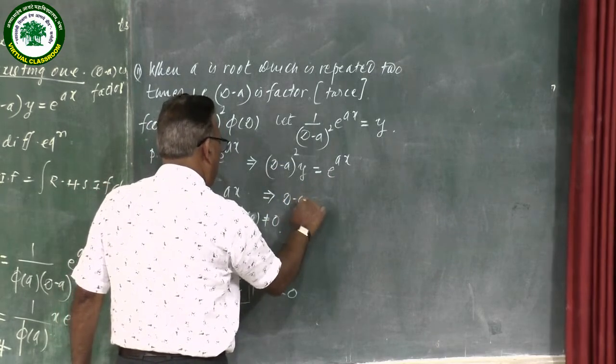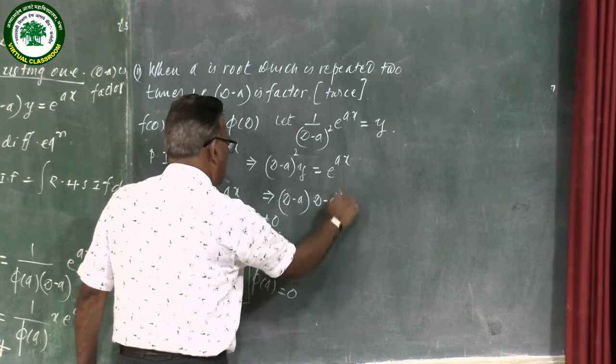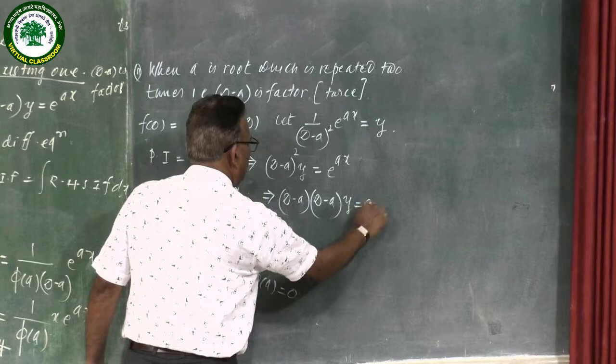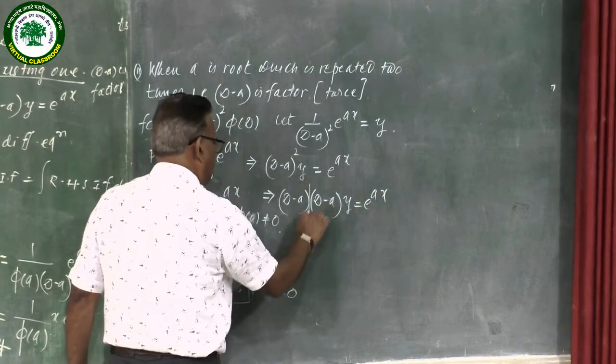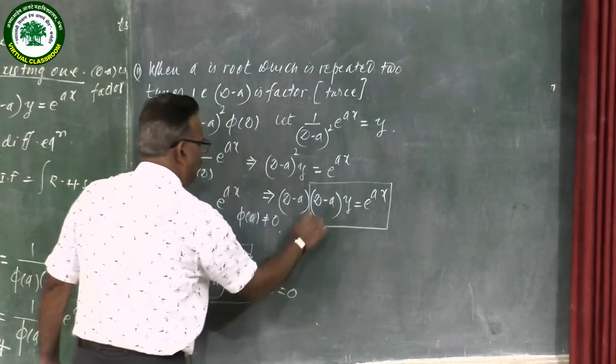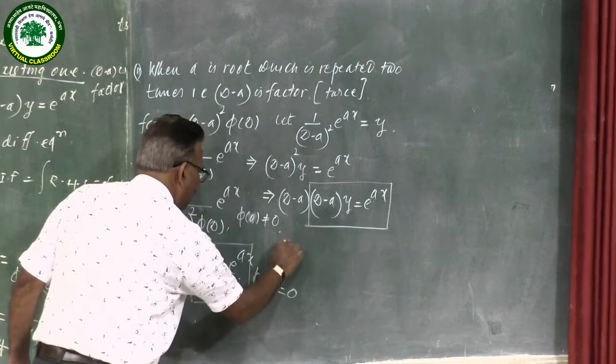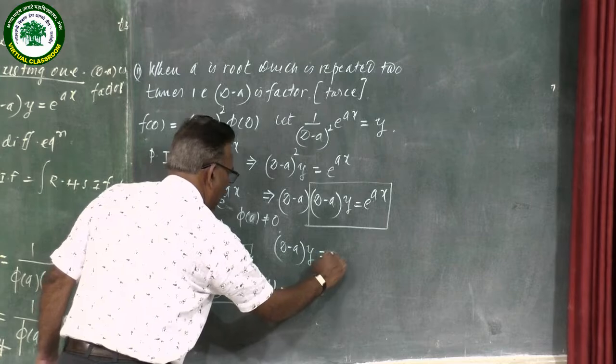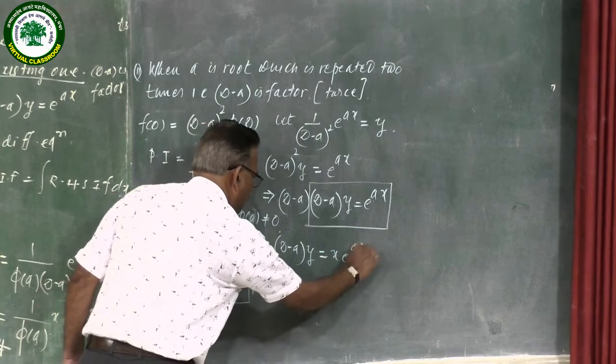(D − a)(D − a)y = e^x. This part is already calculated by us. This is equal to (D − a)y = x e^x.